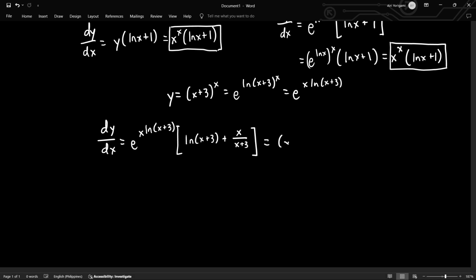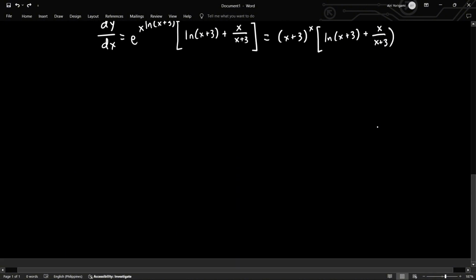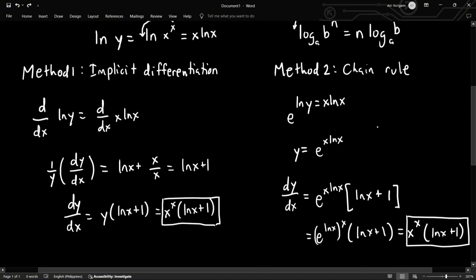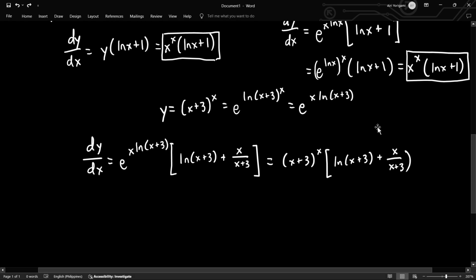So we will get x plus 3 raised to x times the quantity ln of x plus 3 plus x over x plus 3. That is the final answer.